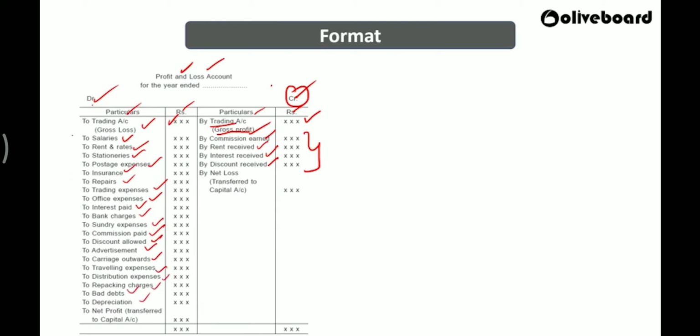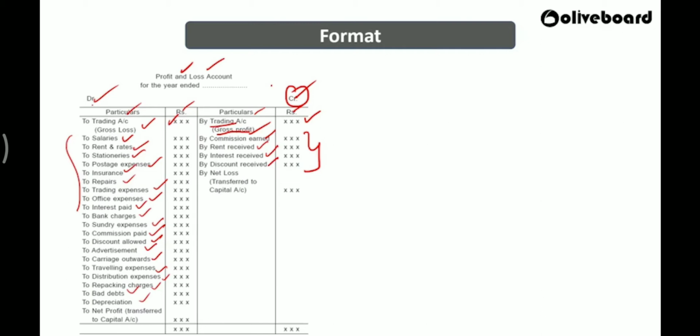If you see here, this is not an exhaustive list, guys. I just gave you a few examples here. You have so many other expenses which cannot be parked under trading account. All other expenses, indirect expenses, will be charged under the P&L account. These are all examples: insurance, repairs, postage, telegram, internet charges, telephone expenses, communication expenses, traveling expenses, hotel expenses, food expenses.